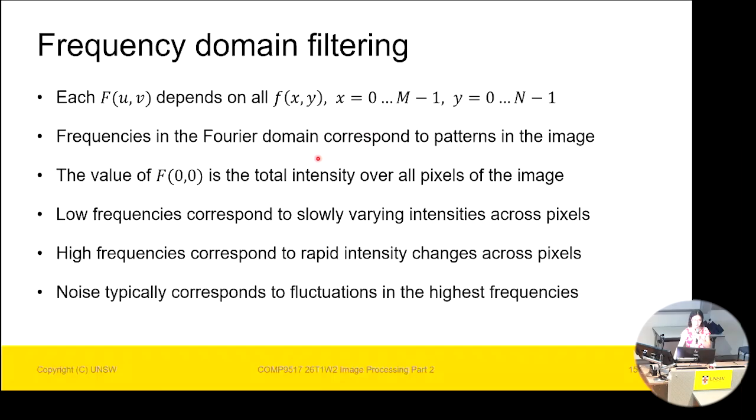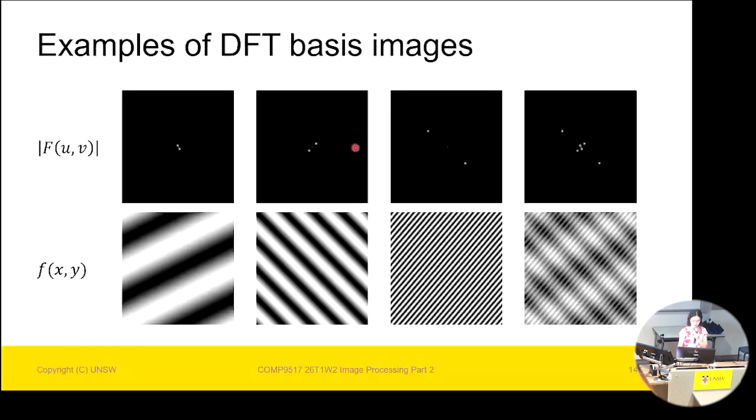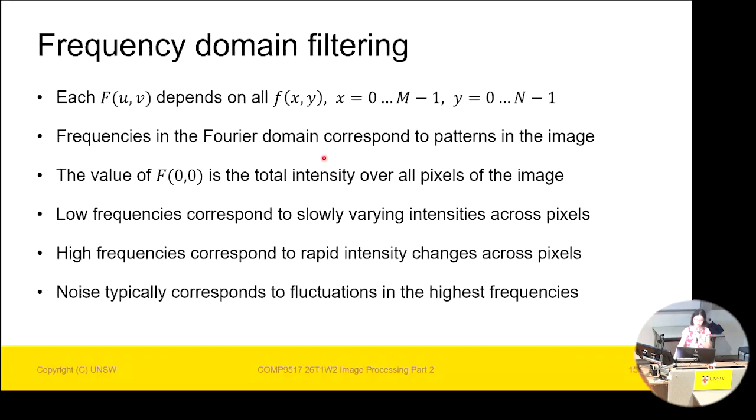Frequencies represent another representation of what's happening in the images. Patterns, especially repetitive patterns where you can easily visualize frequencies, have a nice correspondence in the frequency domain. The value of F00 is a special dot that contains the total intensity over all pixels of the image.